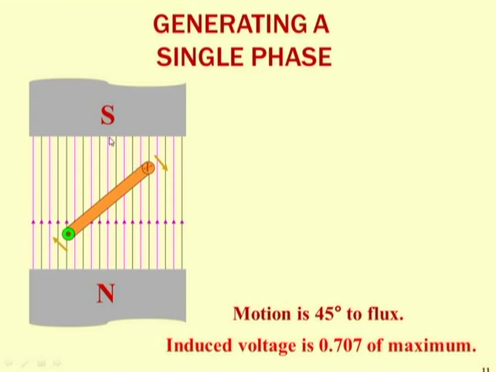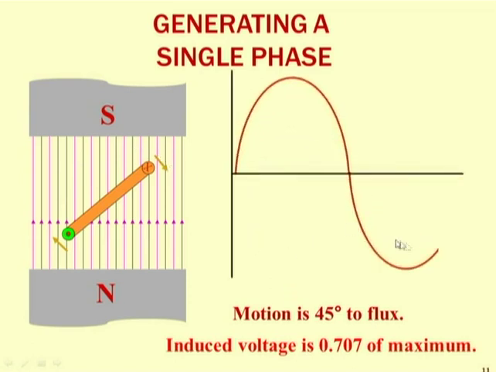At this point the negative voltage is maximum. At this point negative voltage was 0.707. At this point it was 0. So 0 to minus 0.707 to minus 1 to minus 0.707. So now it is again minus 0.707. So that is the thing that we have to remember.